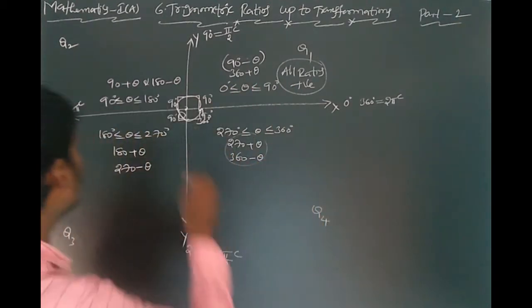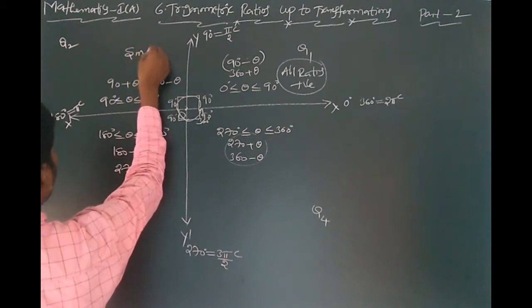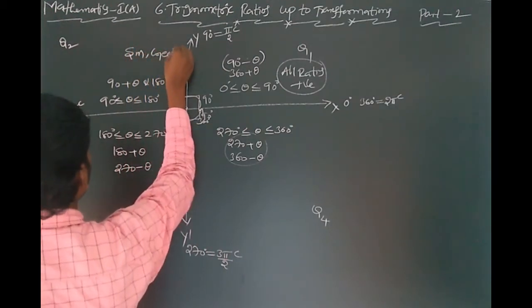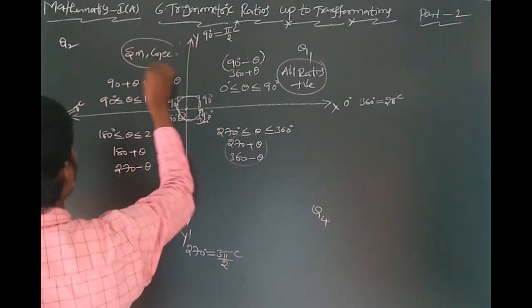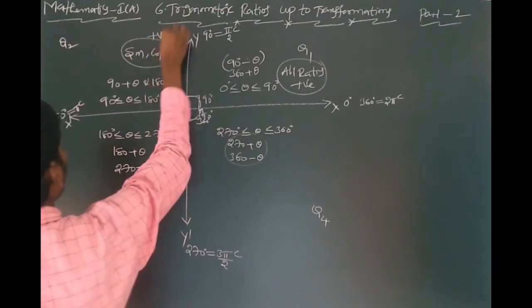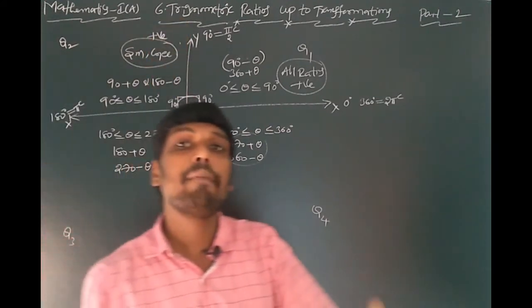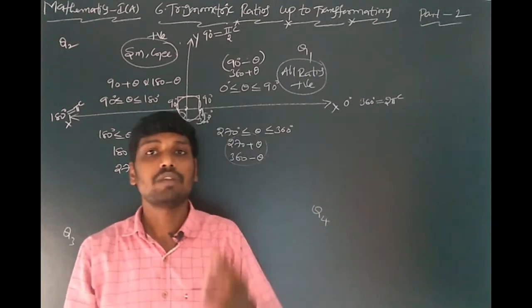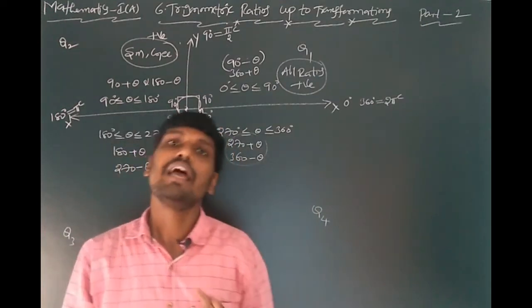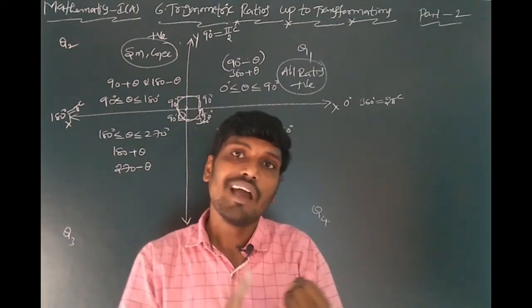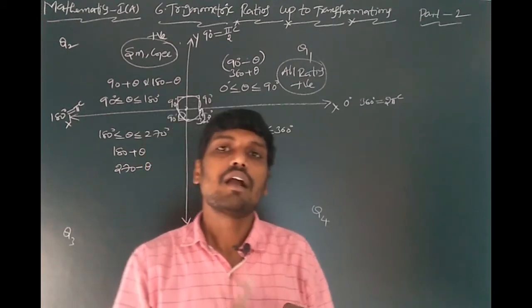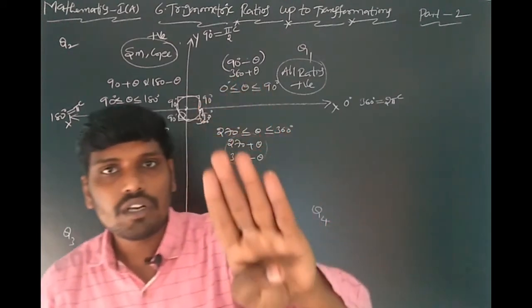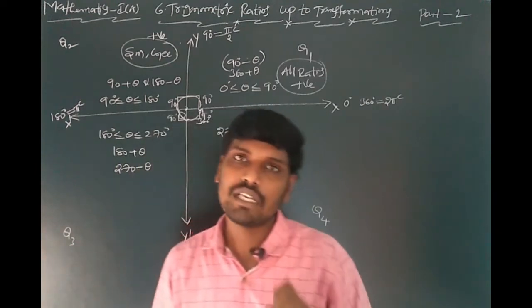In the second quadrant, sine and its reciprocal, cosecant, are positive. The remaining 4 ratios are negative. What are those remaining 4? Cos, tan, cot, and secant are negative, while sine and cosecant are positive.